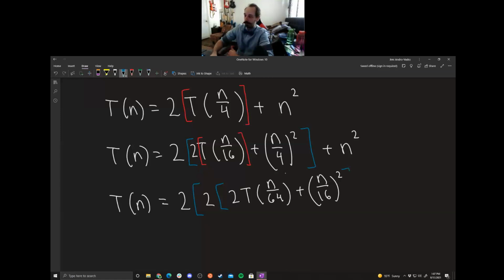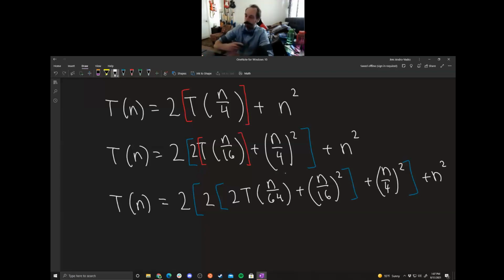That's going to be the result right there, plus n over 4 squared, plus n squared. If we expand this out, that's going to be the result.